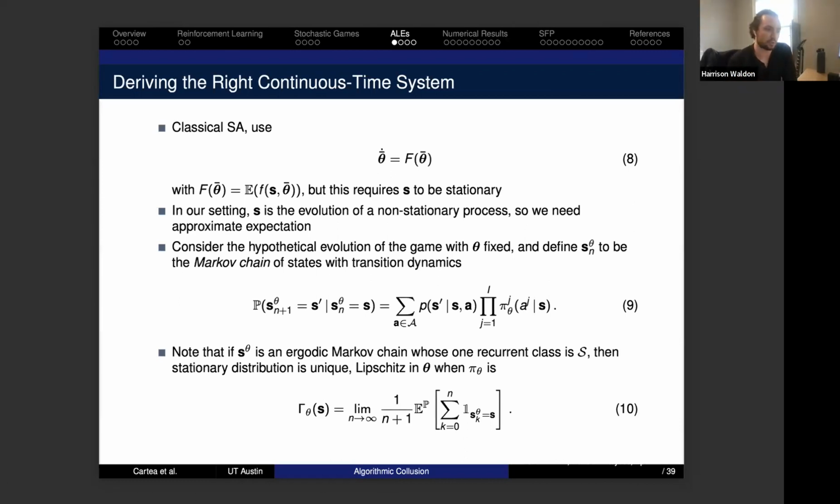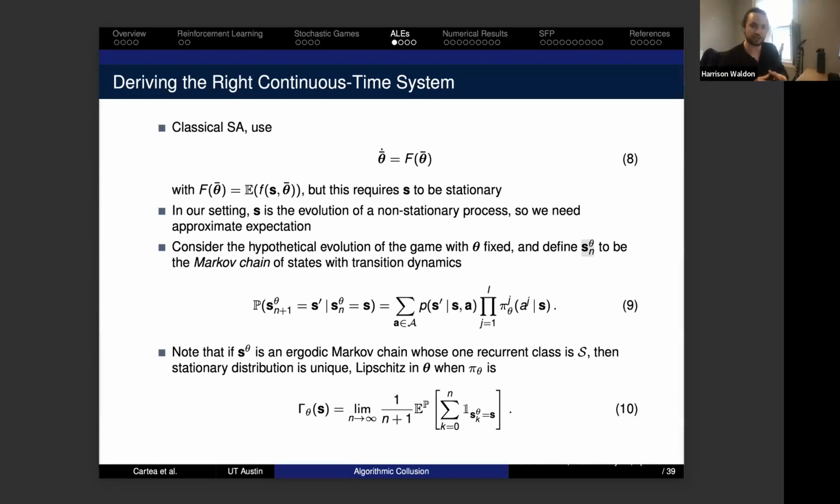So what we do is we derive an approximate expectation. To accomplish this, we consider the hypothetical evolution of the game with parameters fixed. This is what we define here, this S theta. So S theta, when you fix theta, is a true Markov chain whose transition dynamics are given exactly by equation 9.